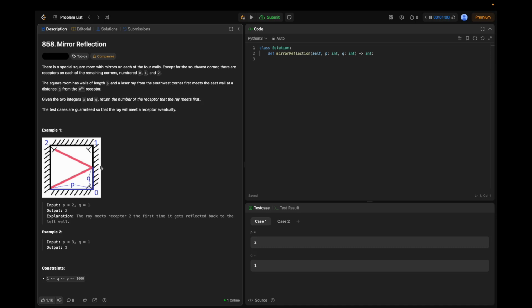So, given what I know about physics, the angle of reflection is always equal. So this angle is always equal to this angle. So what does that really mean? In terms of, oh wow, I do not remember trigonometry. Well, I can get this angle right here because I have P and Q as input.